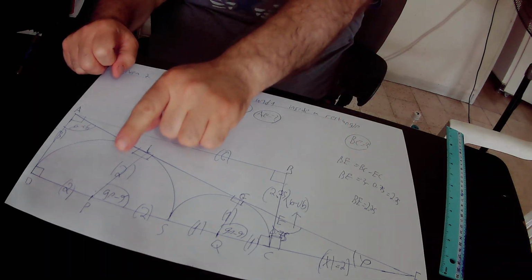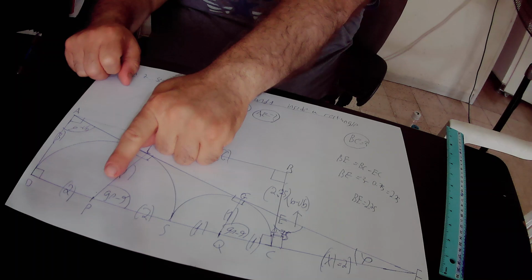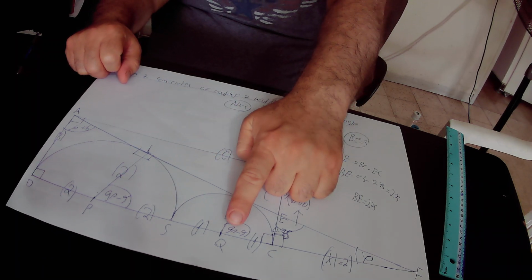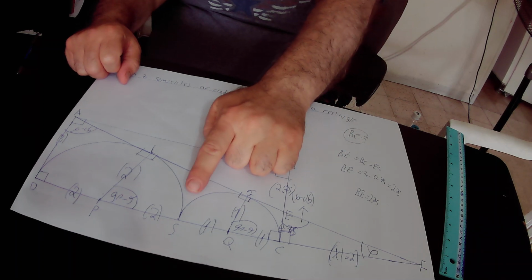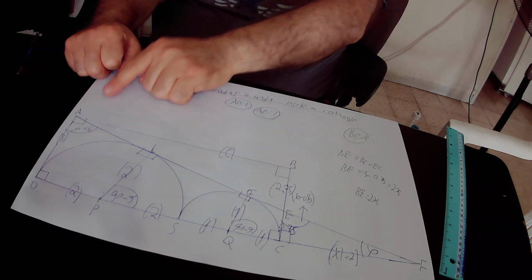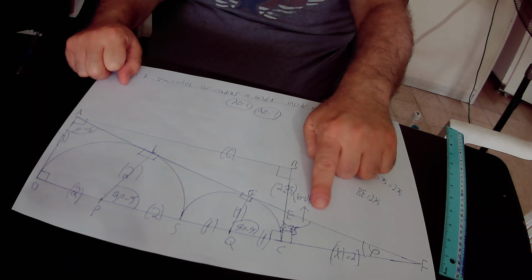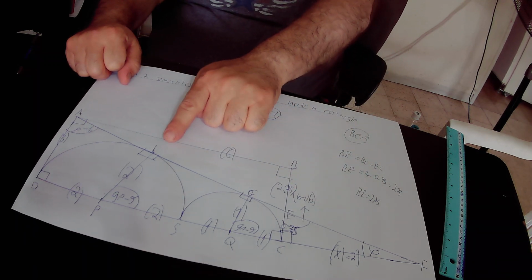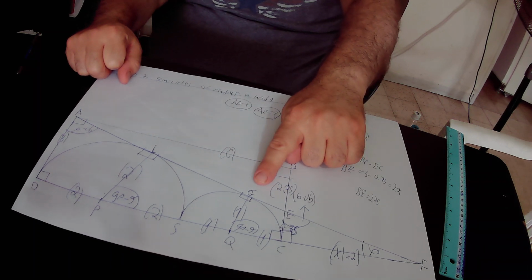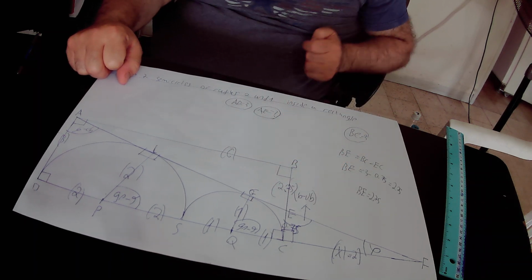We define the center of the big semicircle as point P. We define the center of the small semicircle as point Q. We define the touching point between those two semicircles as point S. We define the point of tangency of tangent AE with the big semicircle as point L. We define the point of tangency of tangent AE with the small semicircle as point G.